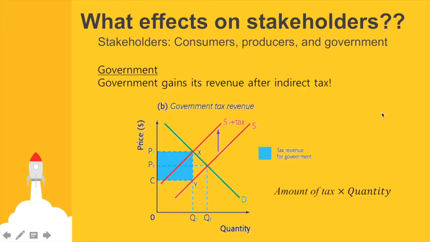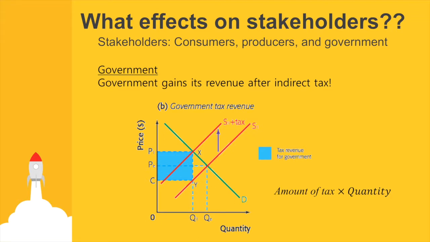Okay, so next, what we need to consider is how indirect tax affects various stakeholders. So in IB economics paper 1 and paper 2, the evaluation section is necessary.